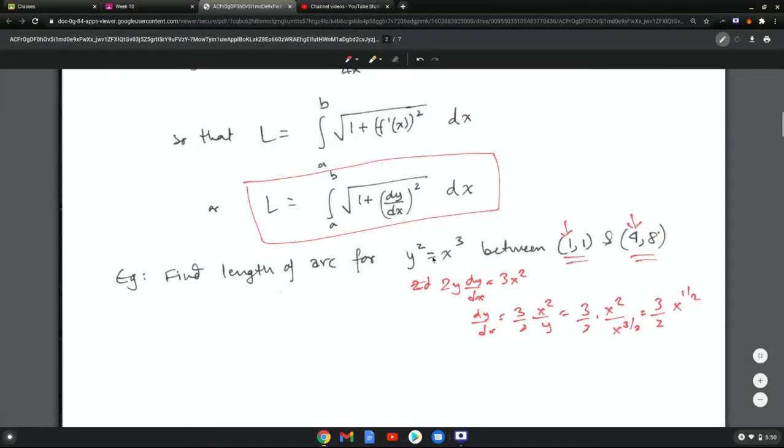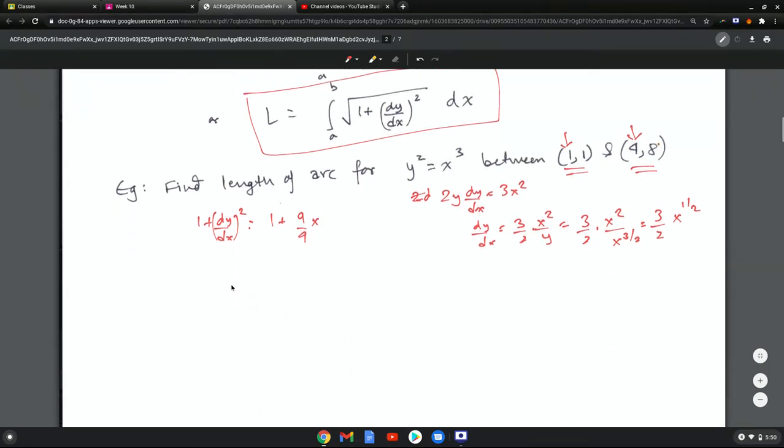This comes from the fact that y squared is x cubed and y is x to the 3 halves. Well, then what is 1 plus (dy over dx) squared? It's 1 plus 9 over 4x. So our integral now is going from 1 to 4 of the square root of 1 plus 9 over 4x dx.